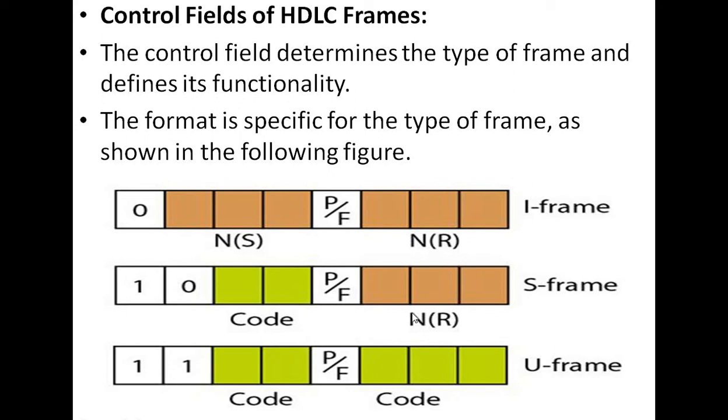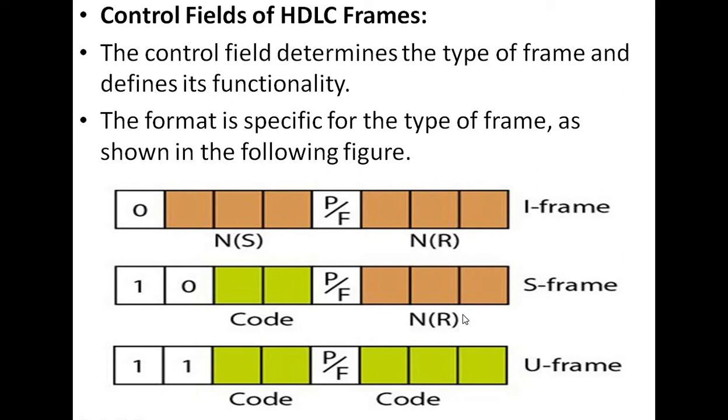The last 3 bits, as in the I-frame, are N(R), which correspond to the acknowledgement number or negative acknowledgement number. So N(R) in the S-frame also defines the positive and negative acknowledgement numbers.